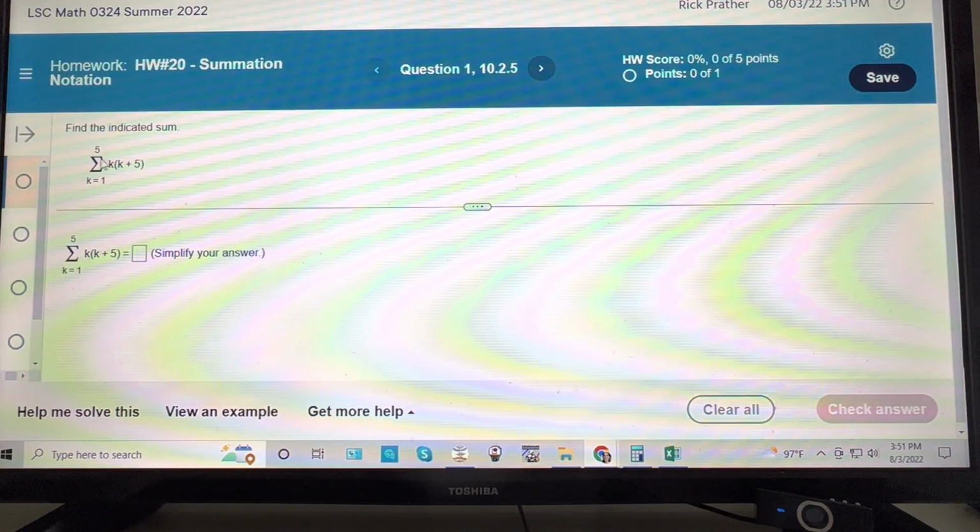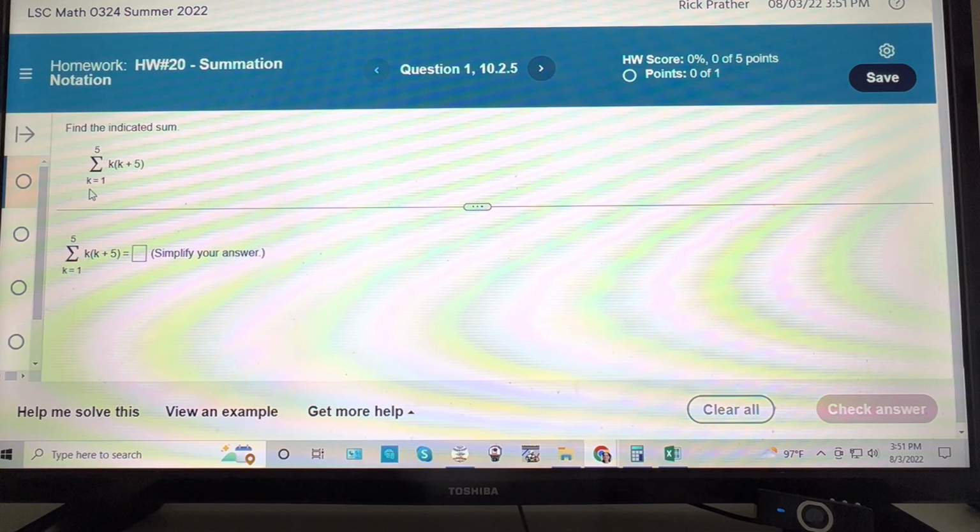This one here, it looks kind of like an English letter E. This is the symbol in math that means sum of. And then in the summation notation, they call it summation notation, you put a counting number on the bottom and the top of the sum symbol.